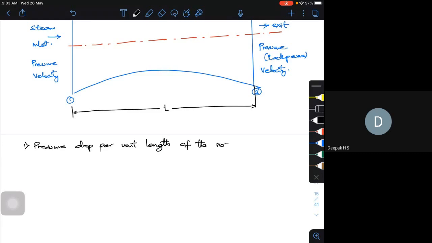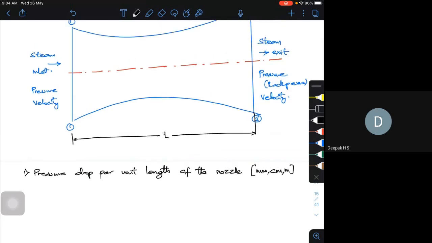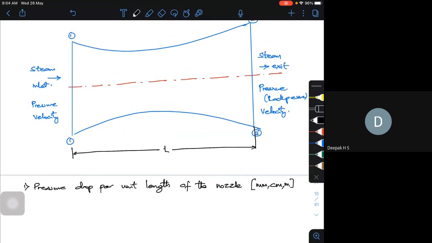If I represent it in millimeters, centimeters or meters, very rarely will we have a nozzle of a couple of meters. So it will be pressure drop per centimeter or pressure drop per millimeter, depending upon how you define it. Suppose L is a length of 10 centimeters, I can divide this into 10 parts.